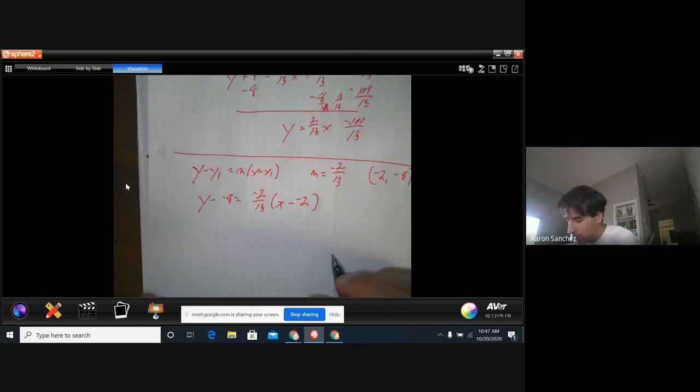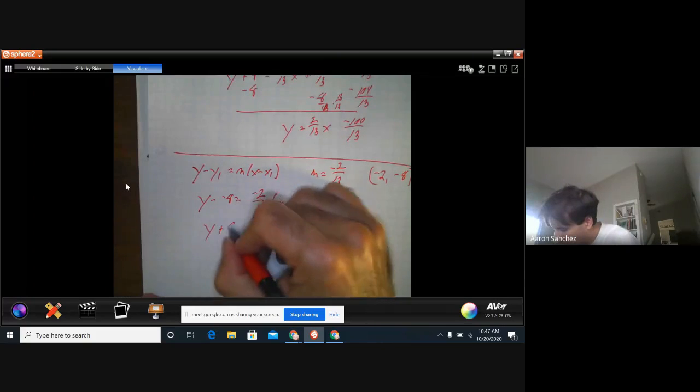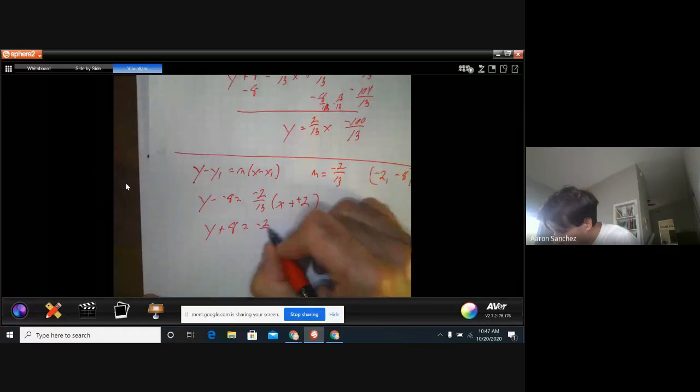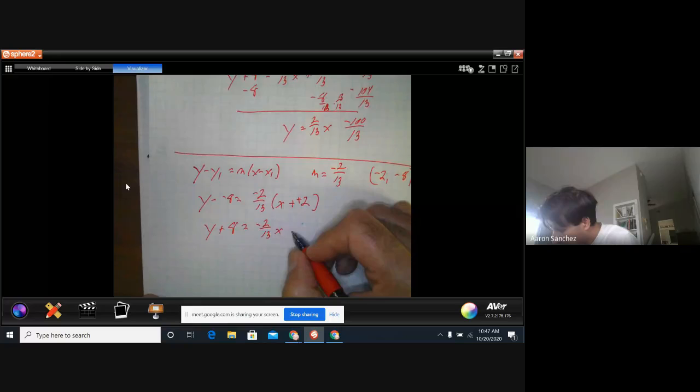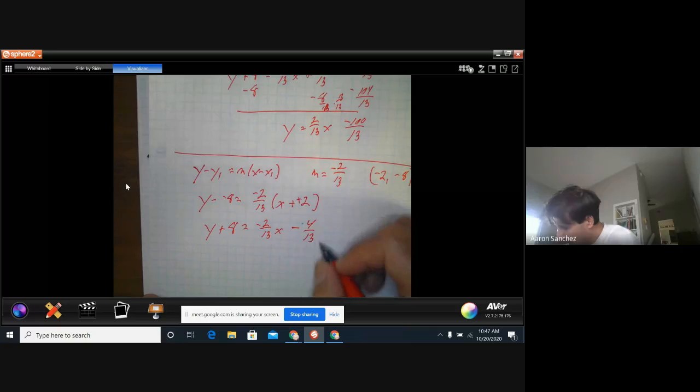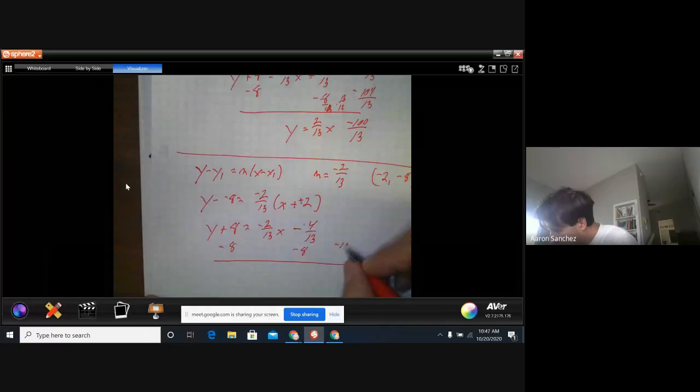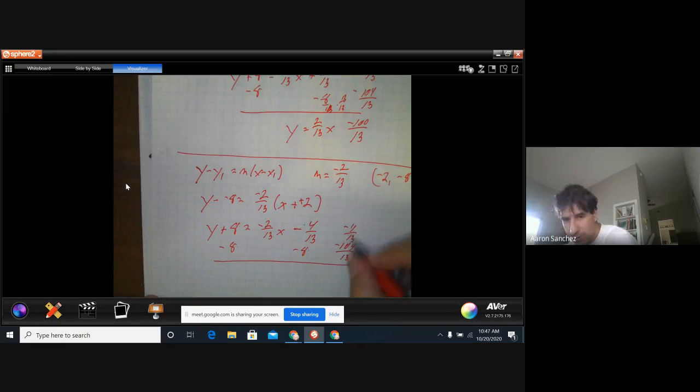And then we add it. y plus 8 equals, make that a plus, -2 over 13 x minus 4 over 13. Then I take away 8, which 8 again is -104 over 13. Now we're adding because they're negative.